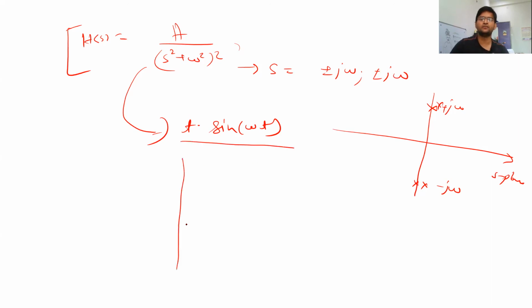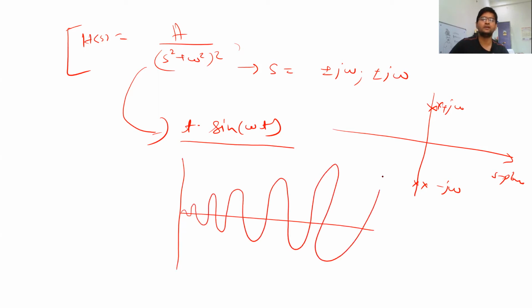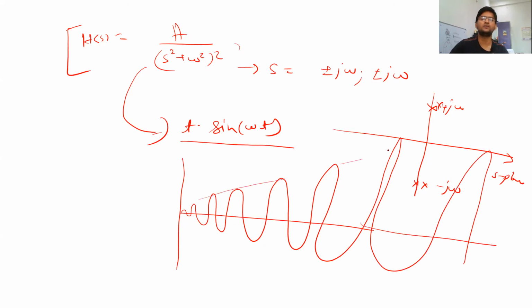If you plot this function, what will happen? You will see that there will be a sinusoidal wave which will be increasing with t. It will be continuously increasing with t because the t is multiplied, obviously. So is it stable now? No. As the time t increases towards infinity, the amplitude is also oscillatingly going towards infinity.